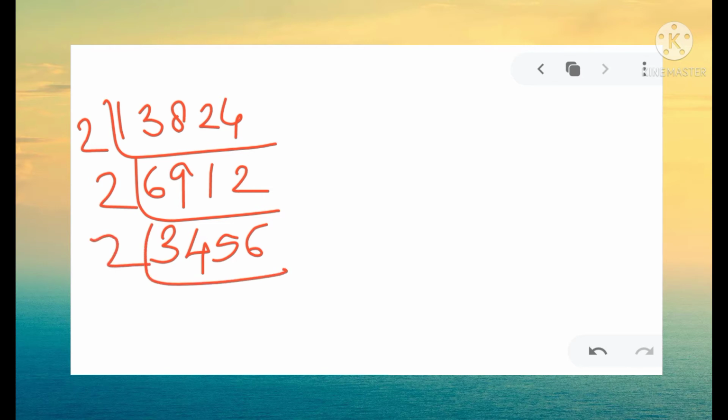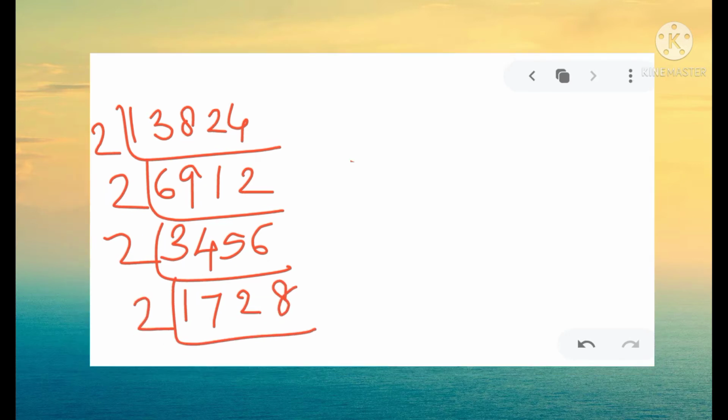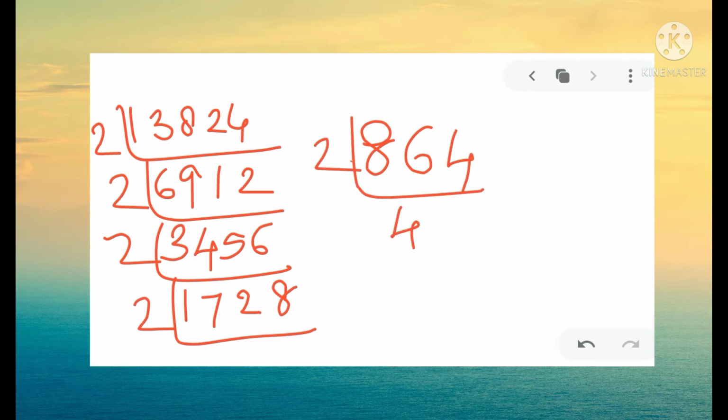Again by 2, 3,456. Again by 2, 1,728. By 2, here after dividing 1728 by 2, we got 864. 8 2s are 16, 6 2s are 12, 4 2s are 8. By 2, 432. By 2, 216.